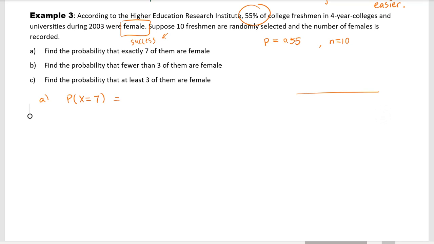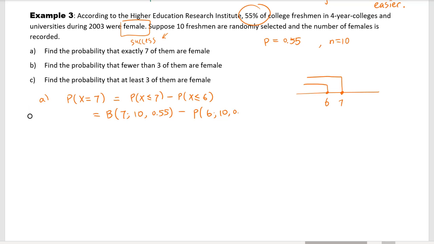From now on, when we see the binomial distribution, if n is less than or equal to 20, we can use the CDF to compute. How do you get 7? That is less than or equal to 7, subtract less than or equal to 6. So this is x less than or equal to 7 minus x less than or equal to 6.